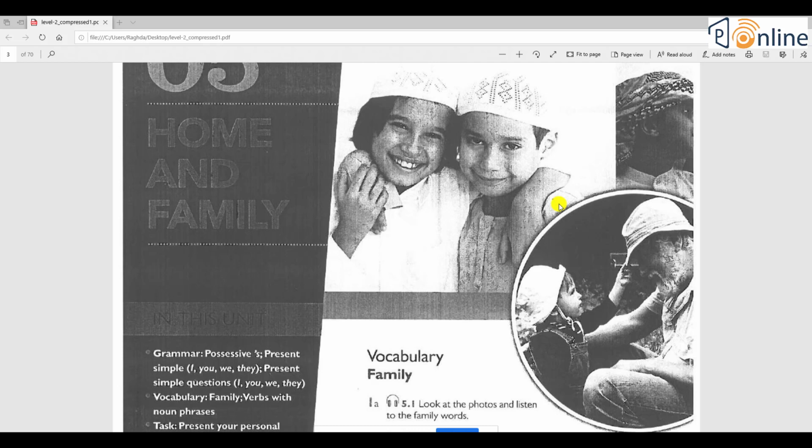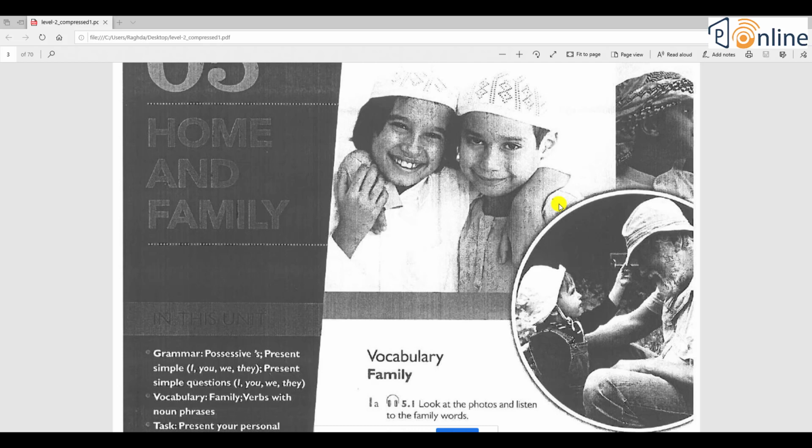Also, with the present simple, we have the present simple questions. As for vocabulary, beside grammar, vocabulary is very important. When you have a rich vocabulary, this means that you feel much more confident and eager to have a conversation in English, or to start a conversation, or you can just pick up a topic and develop it with other speakers or with your peers.